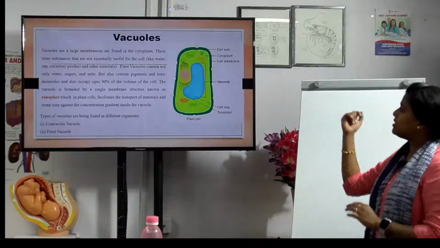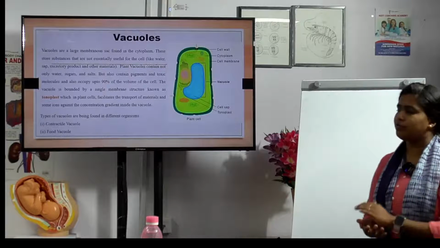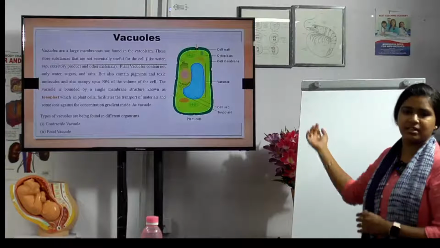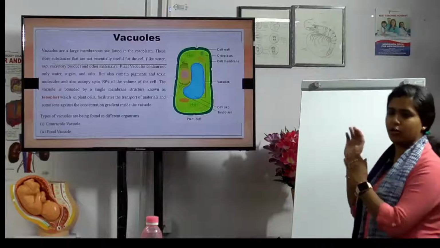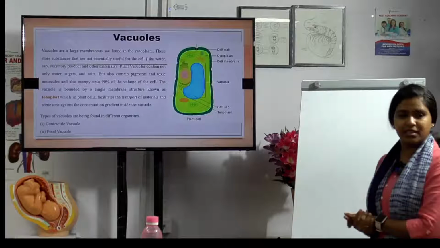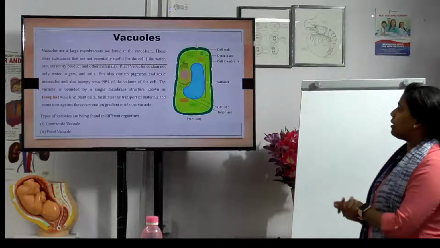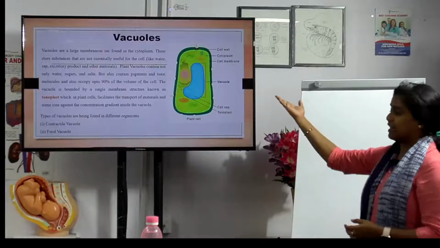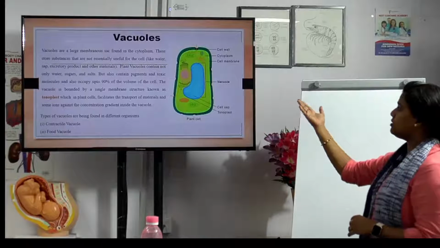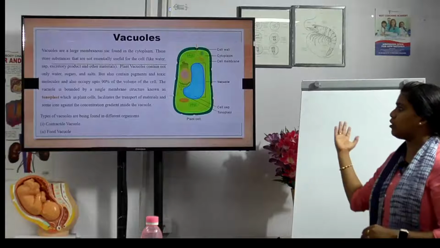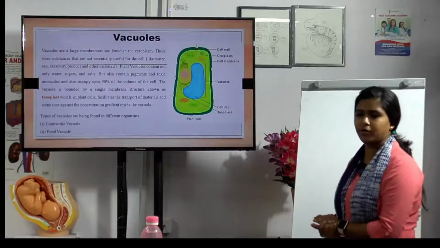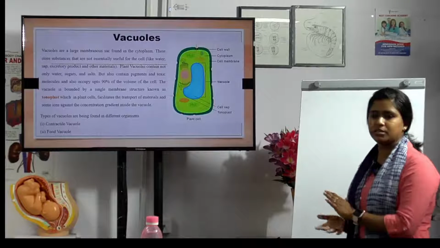They store substances that are not only essential for the cell, like water and sap, but also extra things that are not very useful, so they preserve those too. Plant vacuoles contain not only water, sugar and salts, but also pigments and toxic molecules, and occupy up to 90% of the volume of the cell. So 90% is occupied by what?